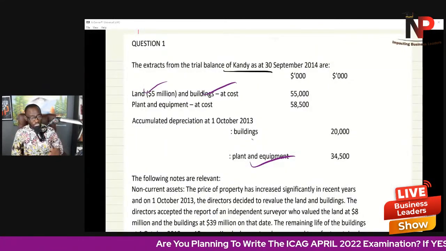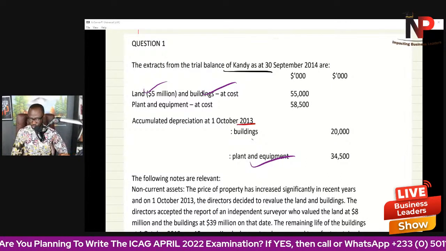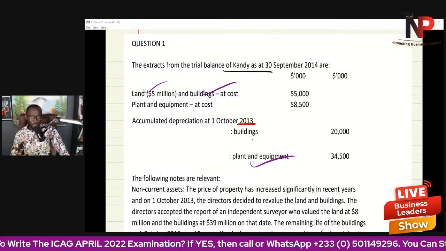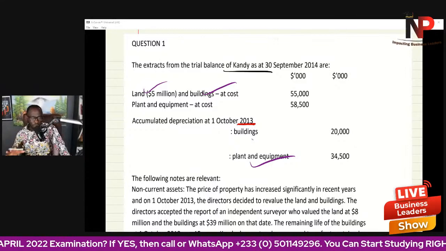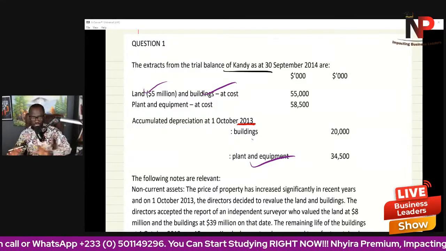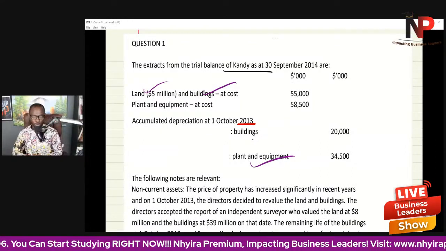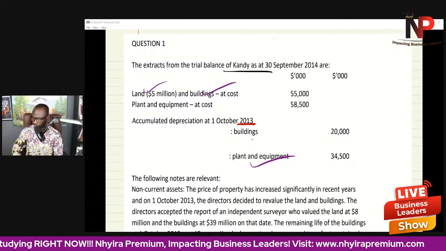Then we see accumulated depreciation at 1st October 2013. Now remember, we are preparing the financial statement for 30th September 2014. So this is the accumulated depreciation as at the beginning of the year. So we're going to be bringing building 20,000.